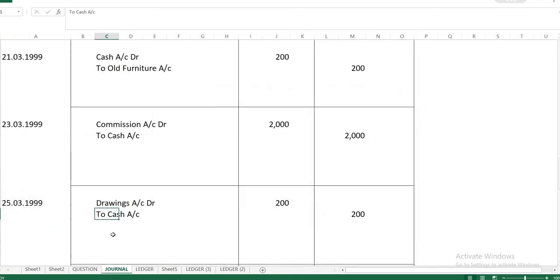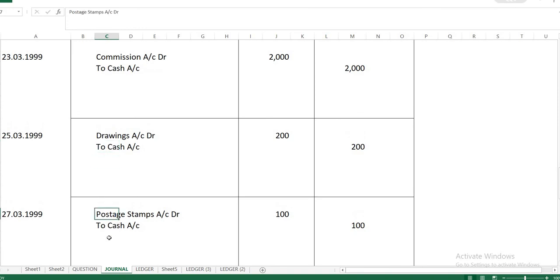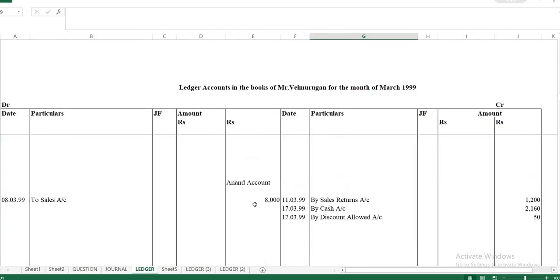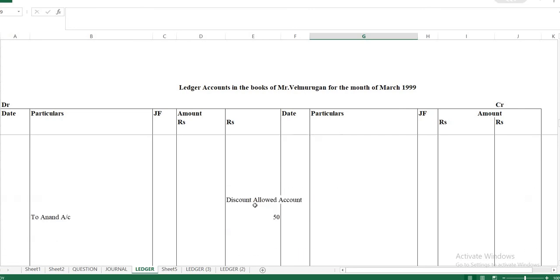Okay, and moving to the next one. Postage stamps account debit to cash account is our journal entry. In the postage stamps account, you show to cash account on the debit side, and on the credit side, in the cash account, we show by postage stamps. So 100 rupees on 27th. Let us fill up the postage and stamps account and come back.